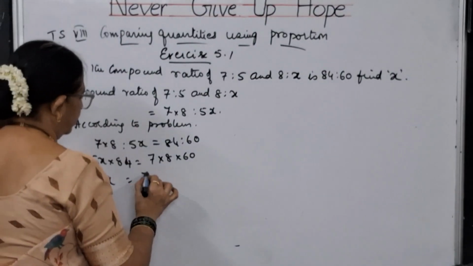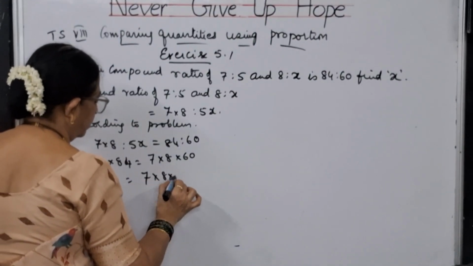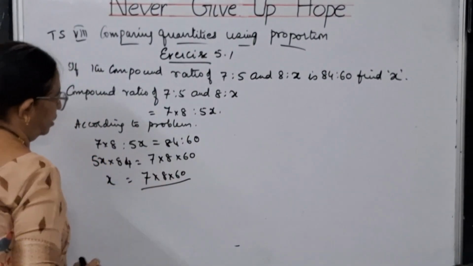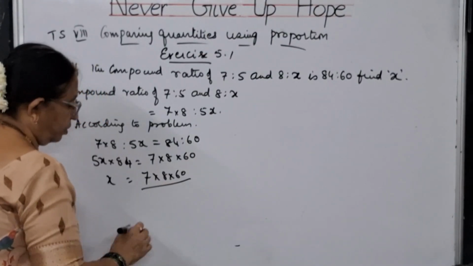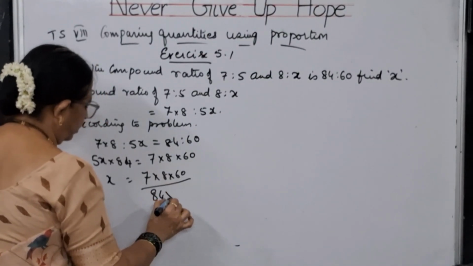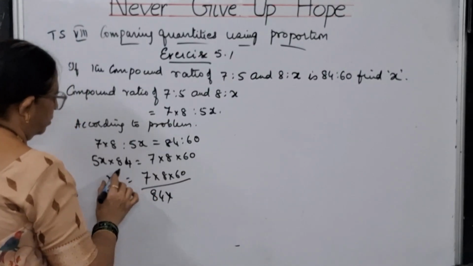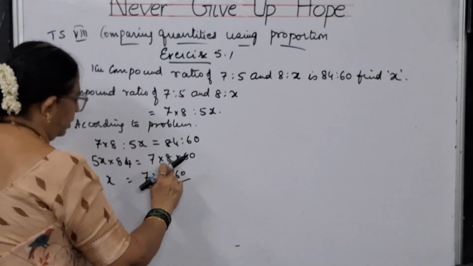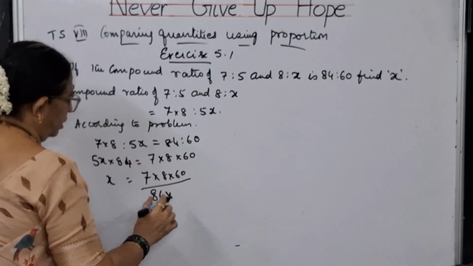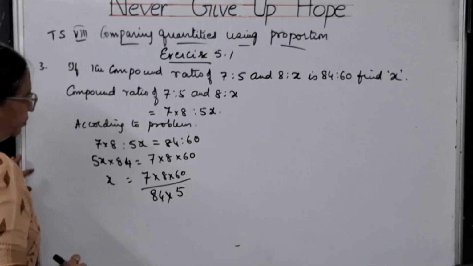x is nothing but 7 into 8 into 60 by 84 into 5.